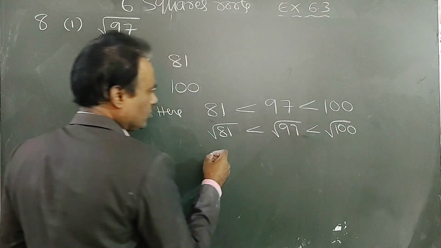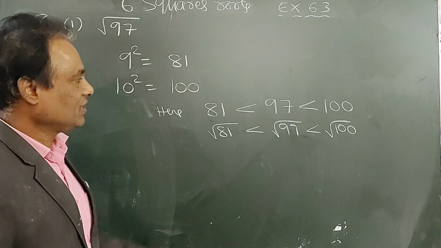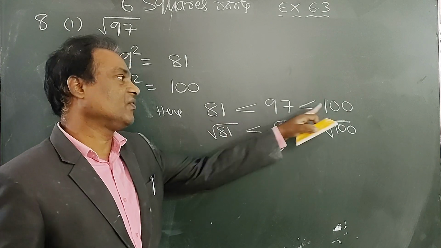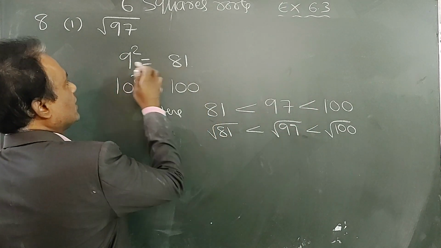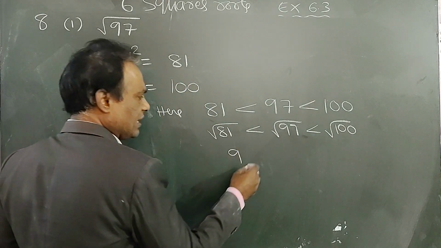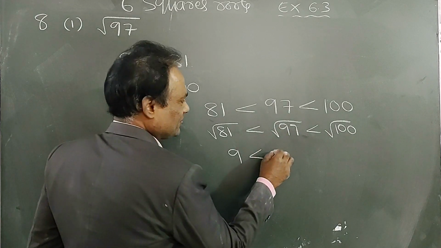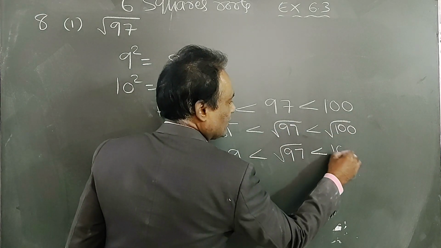Apply the root for all, because our number is root 97. Root 81 is 9, since 81 is 9 into 9. We don't know the root of this one. Root 100 is 10.